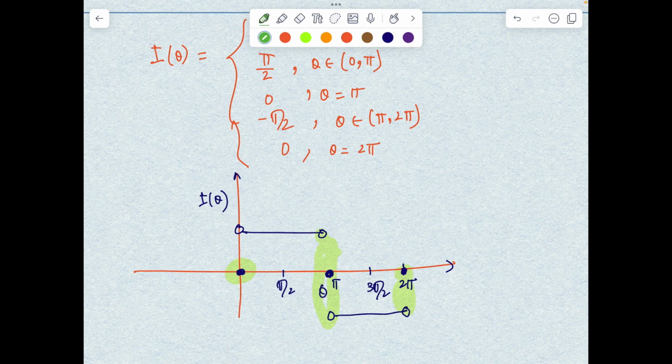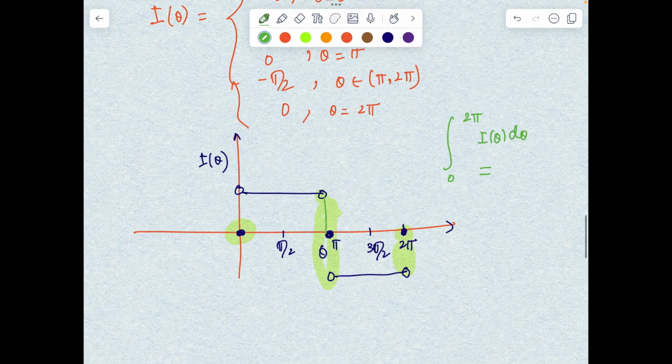Further, if the question also asks for the integration of I theta d theta from 0 to 2 pi, that can also be done over here, right? Because 0 to pi will have this area, it's pi into pi over 2, and from pi to 2 pi we have area as this distance, minus pi over 2 into pi.